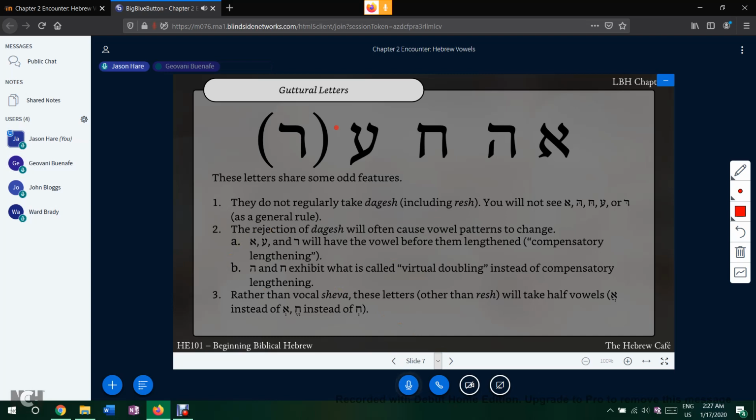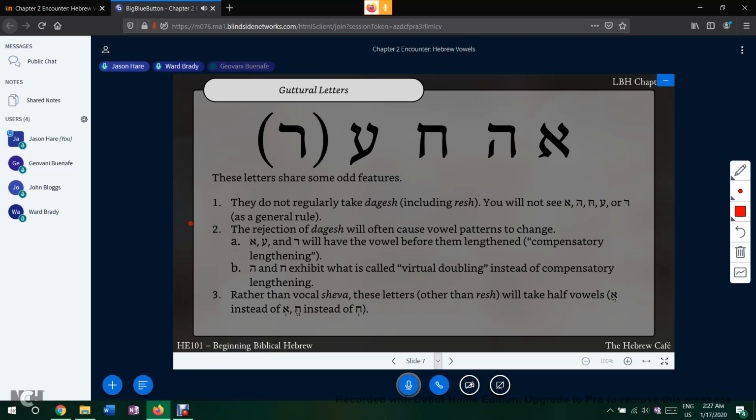Okay, so these letters, these are gutturals. Aleph, hey, chet, ayin, and sometimes resh behaves like a guttural. Resh is not considered a guttural because it's R. R is not guttural, supposedly. So number one, they do not take dagesh, including resh. They don't take dagesh.